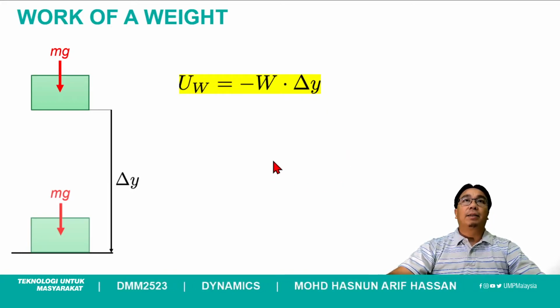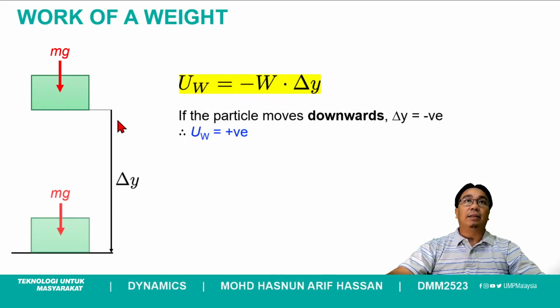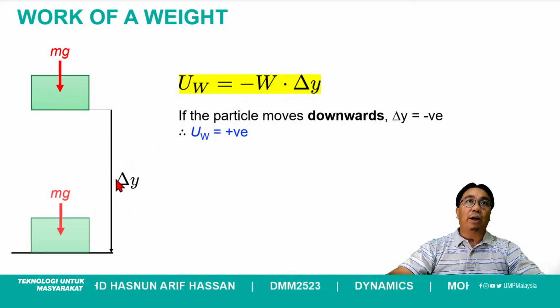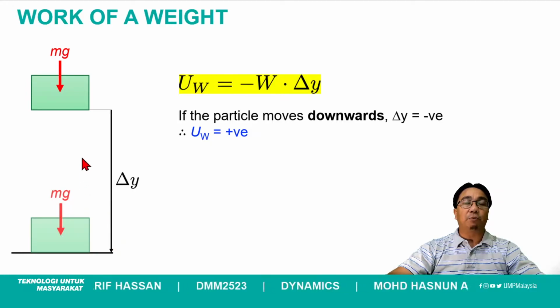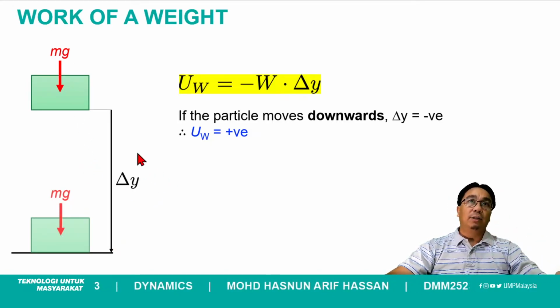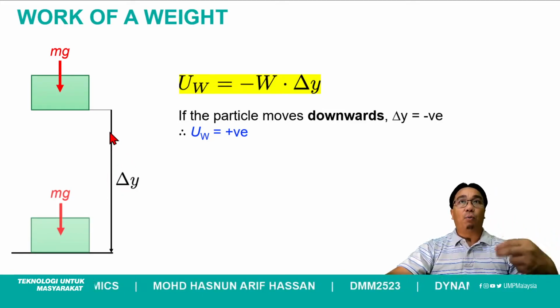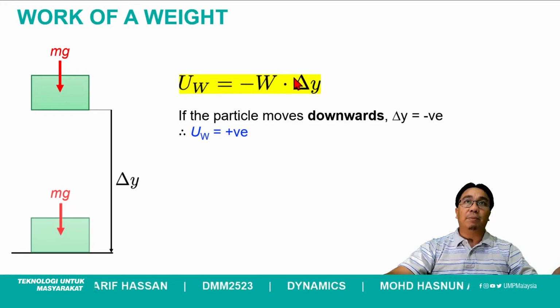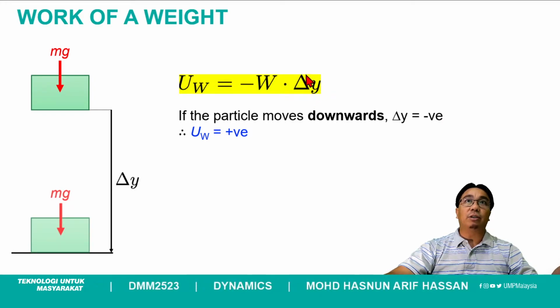Okay, kalau partikel ini bergerak ke bawah, which means that delta y will be negative. Remember, kita punya positive y-axis is pointing up. So, kalau partikel ini bergerak ke bawah, delta y akan jadi negative. Okay, you imagine delta y in this equation will be negative.